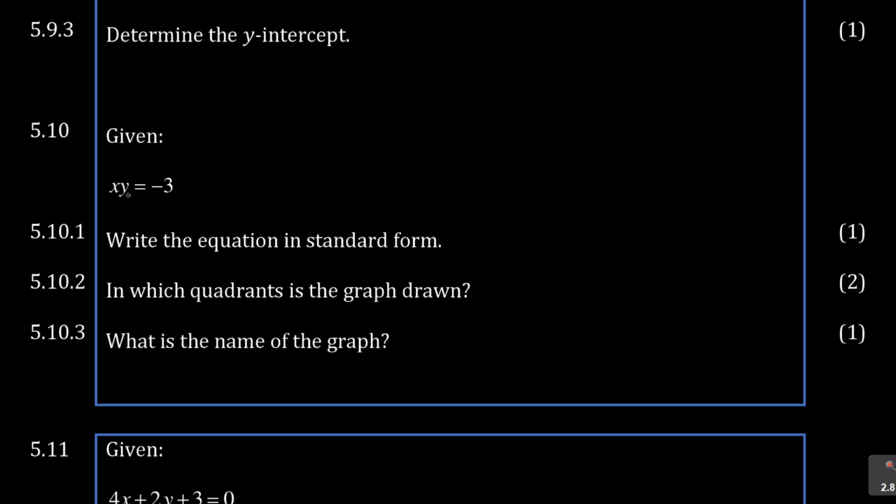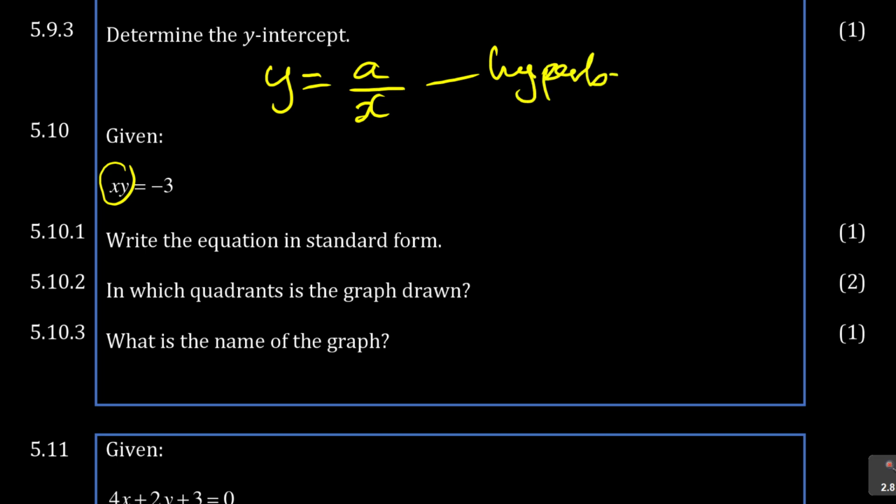Whenever you see xy together like this, xy multiplying, just know the actual equation in standard form is like this: y is equal to a over x. A can be any number. This is a hyperbola.